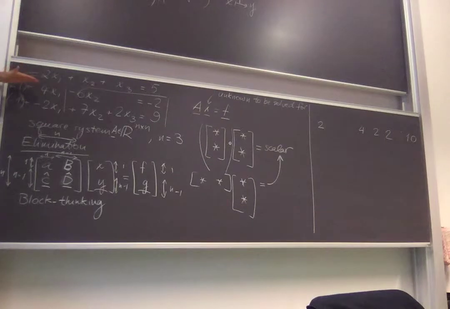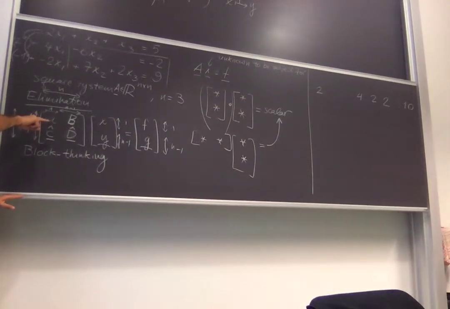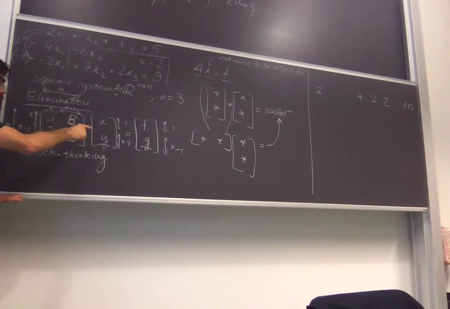This elimination procedure is going to make this one 0 and this one 0. So what I remain with is a smaller system in one unknown less, with one equation less. You see the block thinking? This is exactly what I'm doing here. So if I can solve this one for x, then I'm going to get another problem for y only.